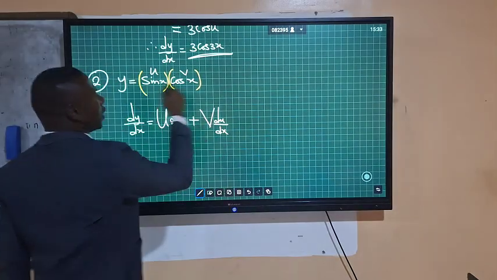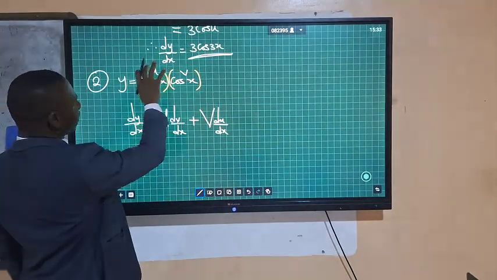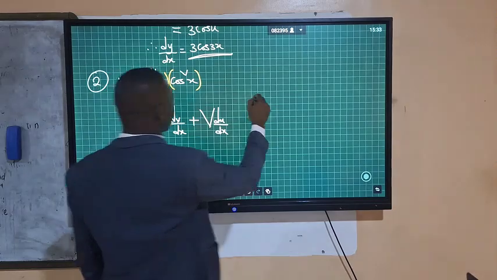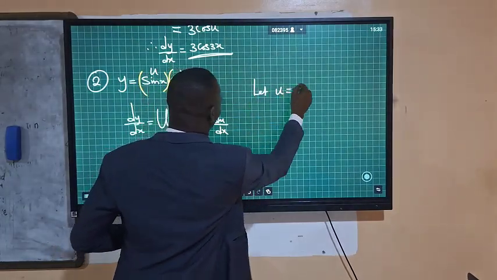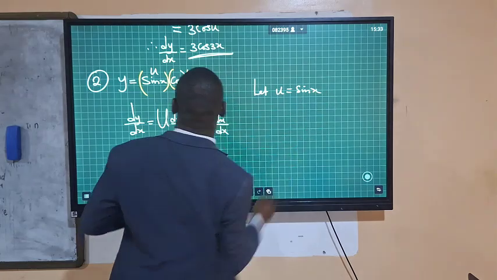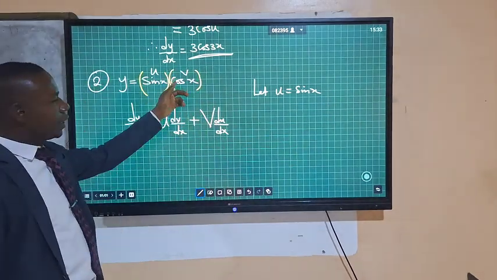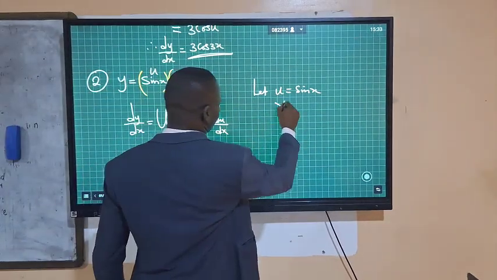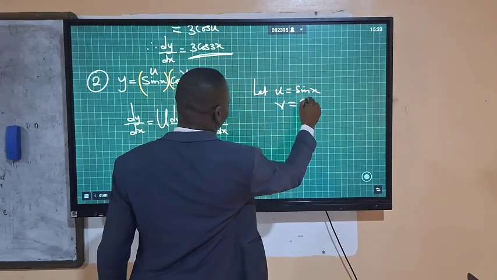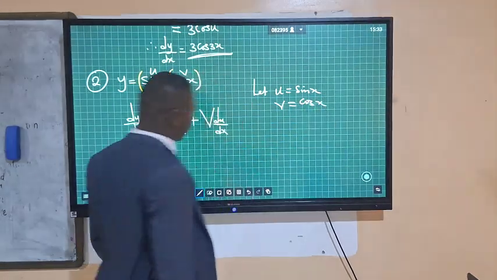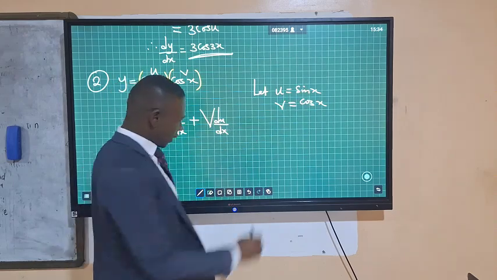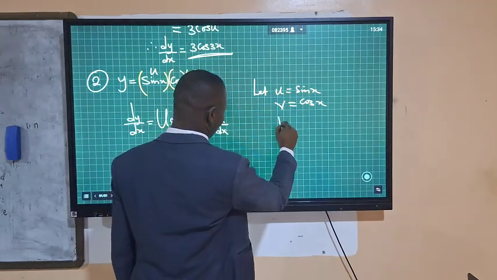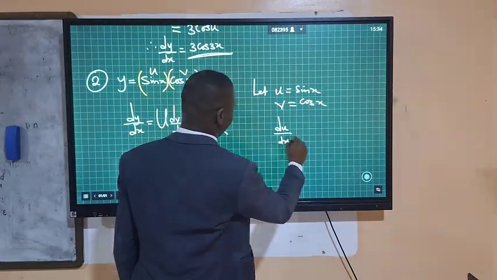All right, let's start getting our parameters. We said let u be equal to sine x and v be equal to cos x. So when we differentiate u with respect to x, we're going to get du over dx.